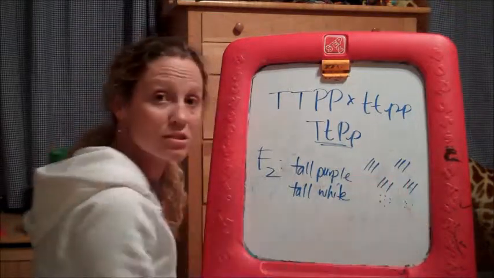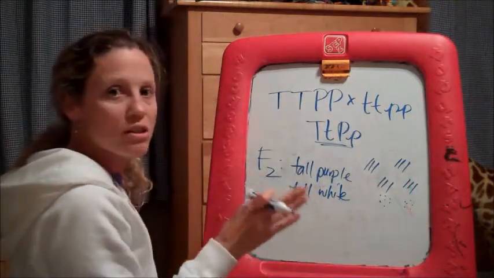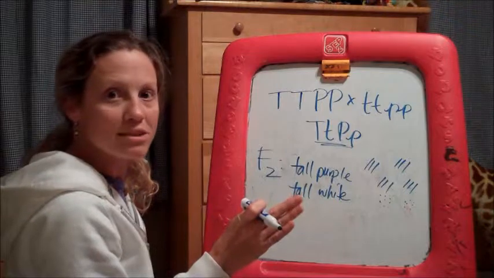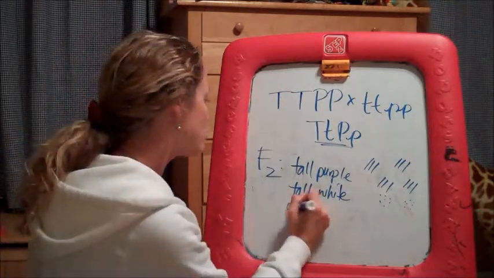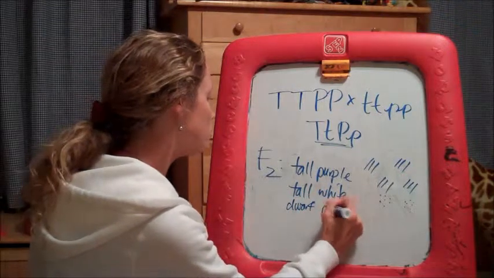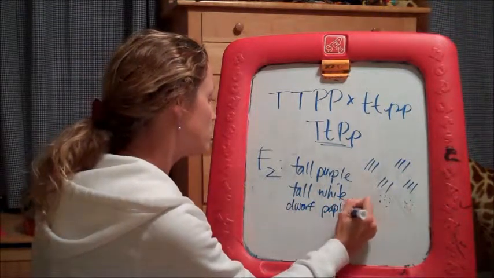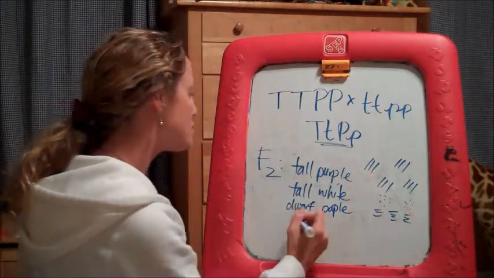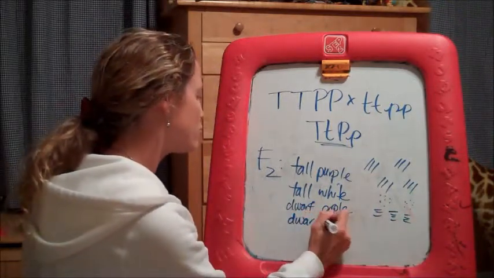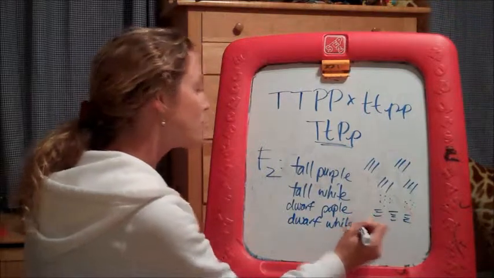Really light, so you can still see what's in there, but it helps you at the end because if you have a box that you didn't do, then you know you messed up. Okay, then we're going to have dwarf and purple, and you can do some other kind of pattern inside those boxes. And last, you're going to have dwarf and white, and you count them all up.